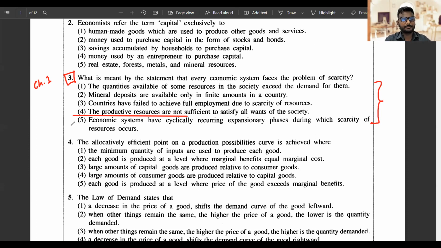That's why you see the 5th answer, you study about these expansionary cyclical behavior of the economy in chapter 5, right? So someone who has only studied chapter 1 and is trying to do this might feel like they don't understand what answer number 5 is talking about.